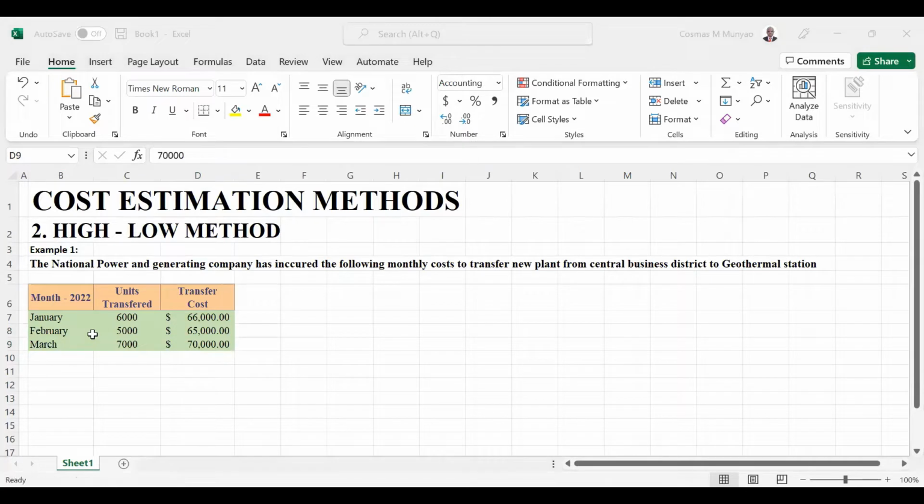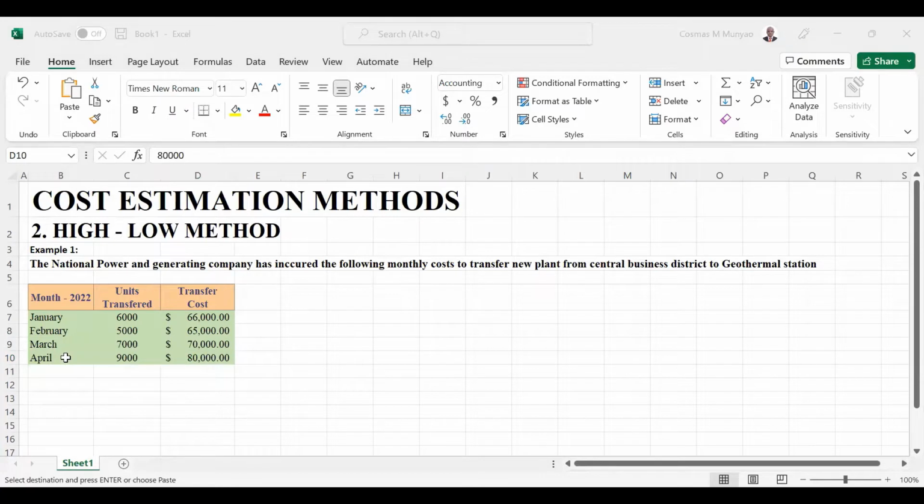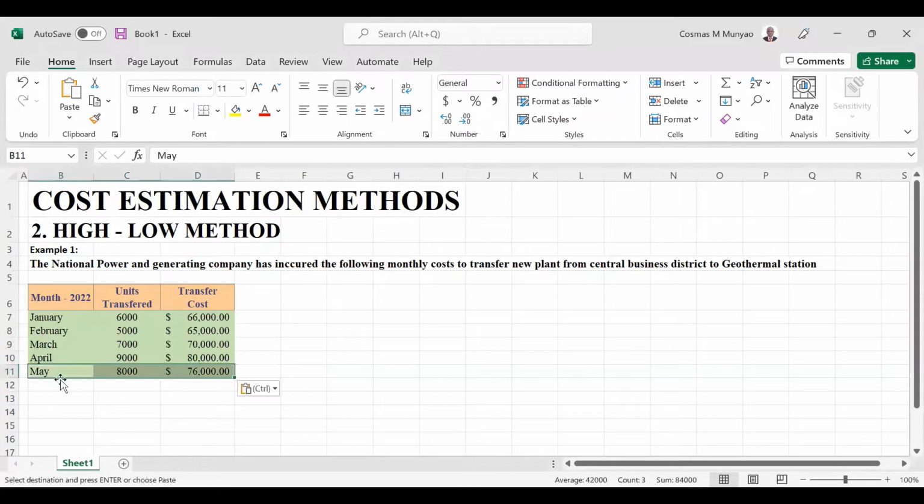In April, the company transferred 9,000 units and incurred a cost of $80,000 US. In May, the company transferred 8,000 units and incurred a cost of $76,000 US.